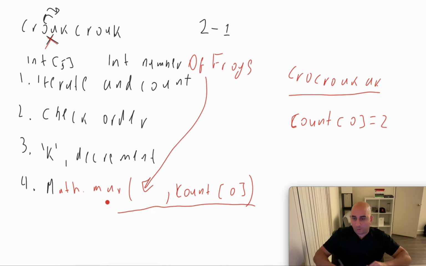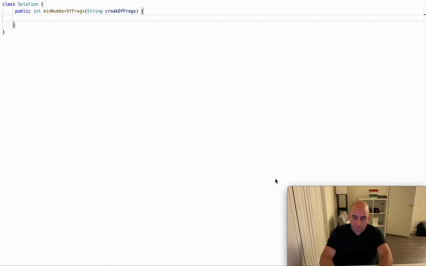All right, let's put that to code and see how it works. Let's start. So the first thing that we are gonna do, we are gonna create an array where we are gonna store the count for each letter.